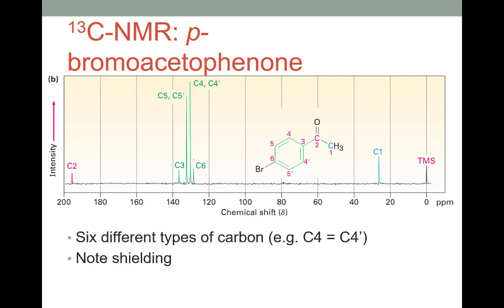And then I see this mess of green peaks here in that aromatic ring region. This is pretty typical for aromatics, so I would expect an aromatic ring. What I wanted to point out in particular here is that we can use this to determine the attachment pattern of that aromatic ring.